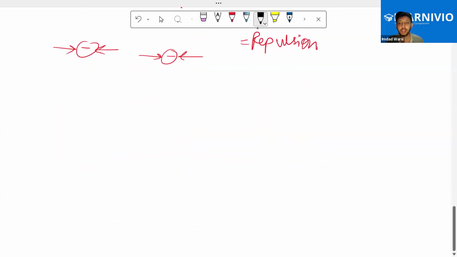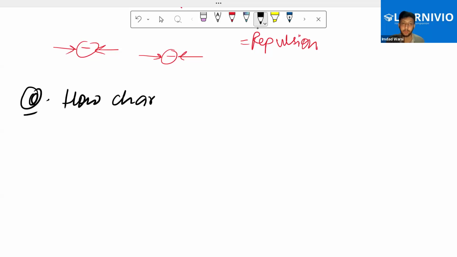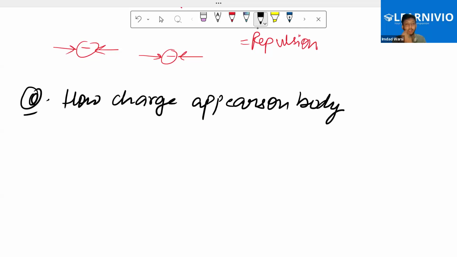Now, how does charge appear on a body? We are talking about charge coming on a body. How is charge appearing on a body?